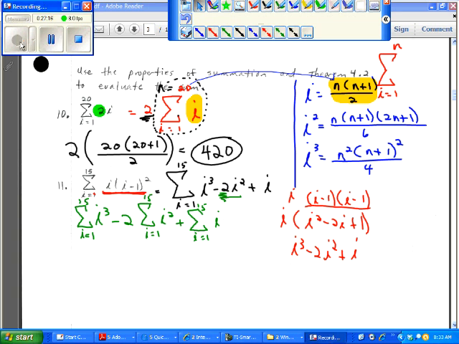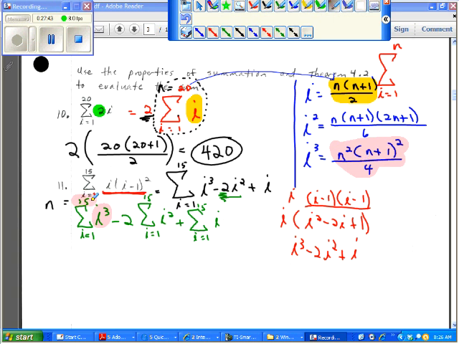We got it in terms of I squared, I cubed. On the I squared part, we pulled off the constant. And so now we can expand. Now, remember that my n is my upper bound. My n is 15. When we expand I cubed, it's going to expand into this.